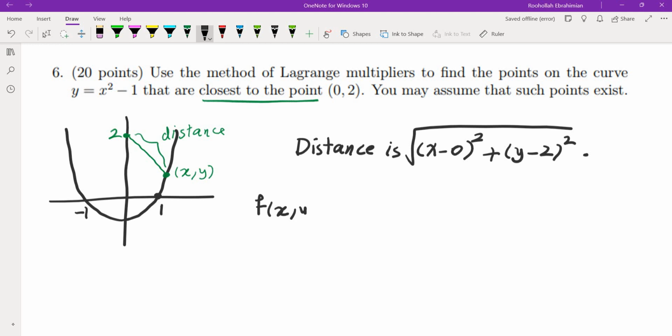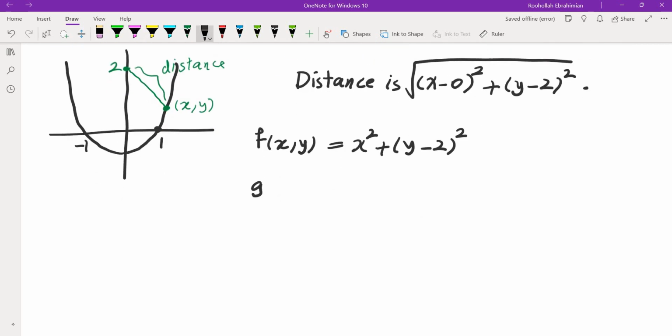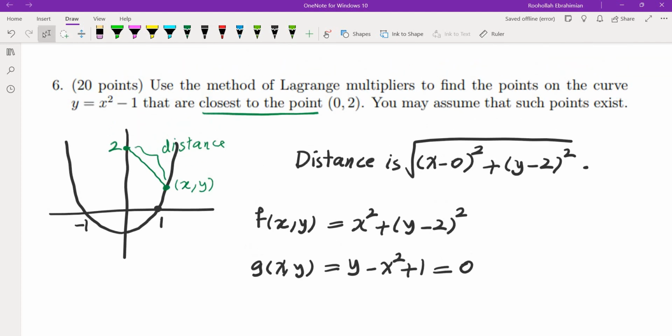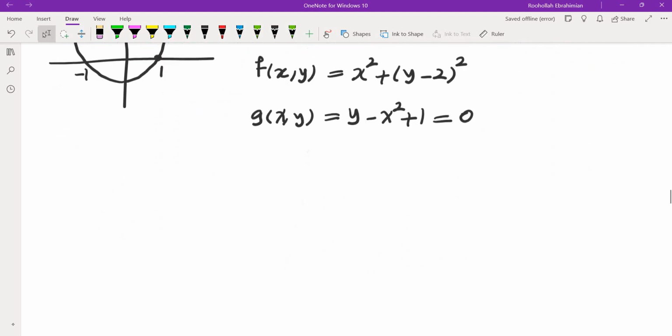So f of (x, y) equals x squared plus (y minus 2) squared, and we need to minimize this function subject to the constraint. What is the constraint? The constraint is y minus x squared plus 1 equals 0. So this is our f, this is our g, and they did ask us to use Lagrange multipliers.